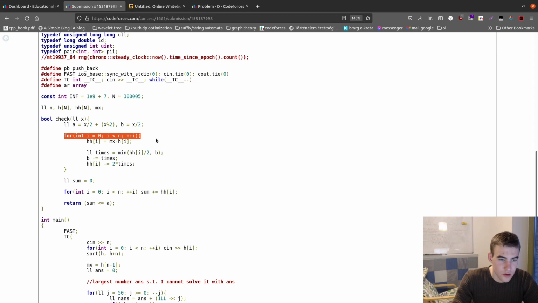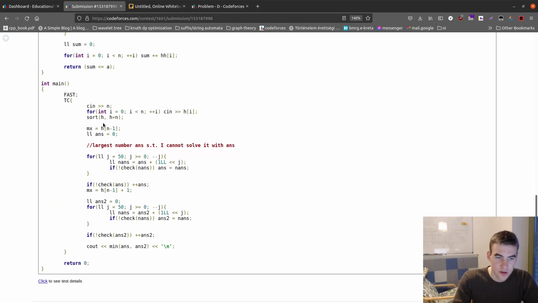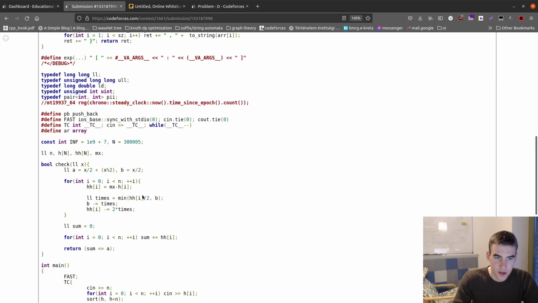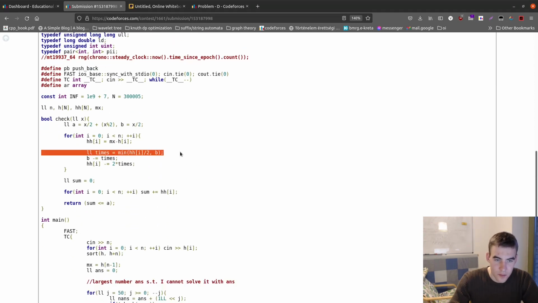I go through all the trees. I take the difference between mx, or that's the max height of the tree. At the beginning it's the last tree. For the second turn it's the last tree increased by 1. I'll subtract 2 from them as many times as possible, as long as I have some 2's left.